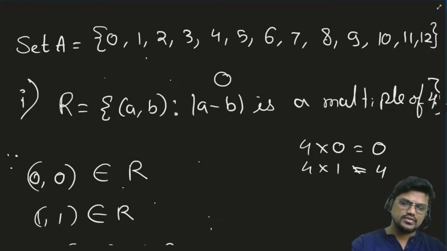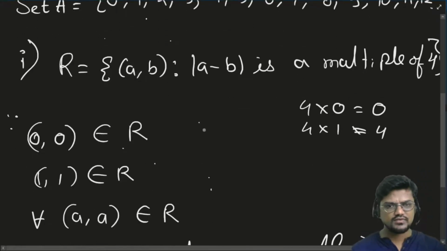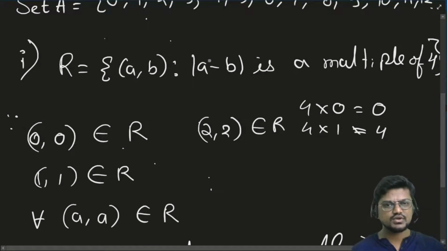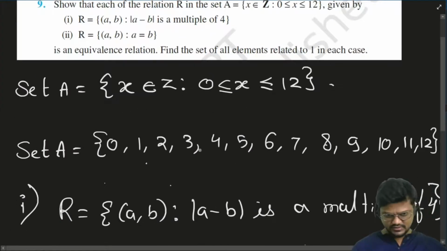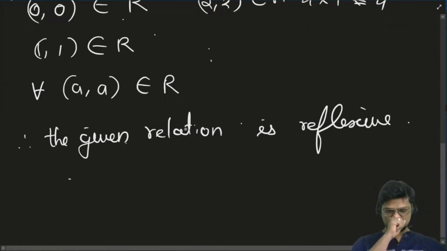If I write (2, 2), this also belongs to the relation, because 2 minus 2 is 0, modulus of 0 is 0, and 0 is a multiple of 4. So all such values will belong to the relation. That's why we can say the given relation is reflexive.